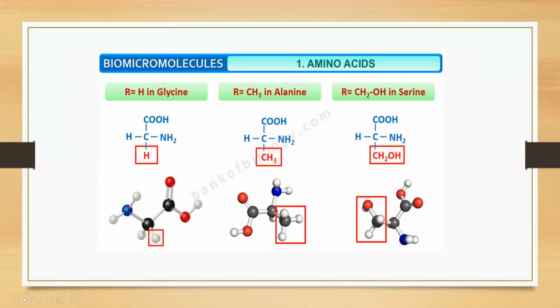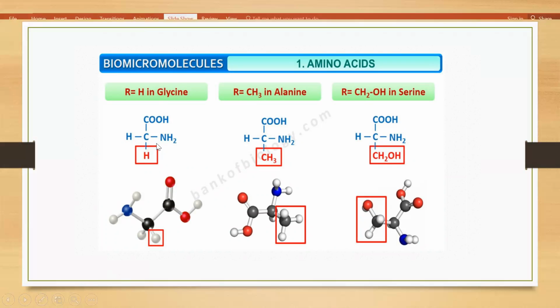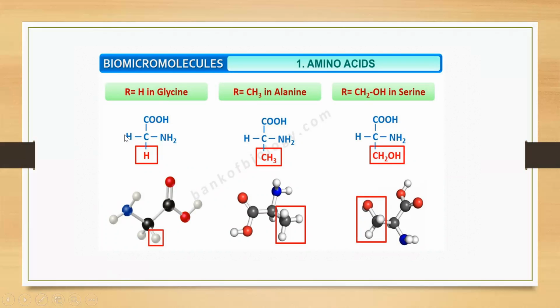General examples of amino acids are glycine, and if you can see over here, in the first structure, glycine has NH2, COOH and H, and in the variable group, hydrogen is there. That is R is equal to H. Alanine, R is equal to CH3.